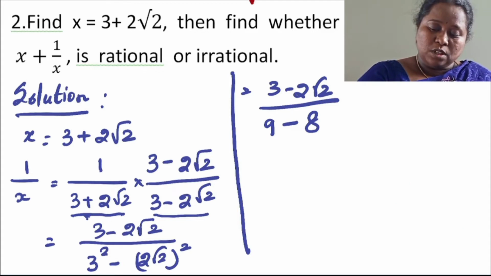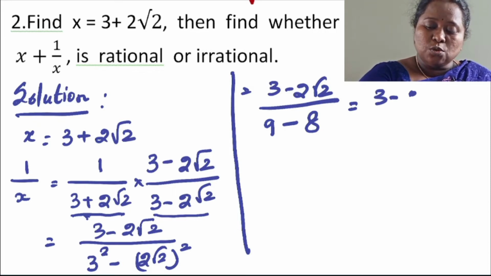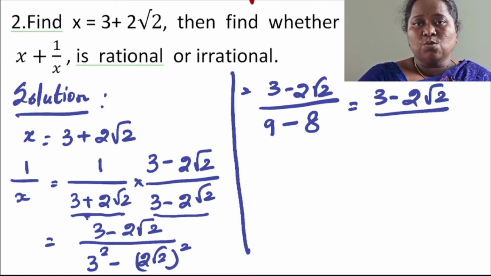Now I got 3 minus 2 root 2 divided by 9 minus 8. What is that? That is 1. So 3 minus 2 root 2 by 1 is equal to 3 minus 2 root 2.